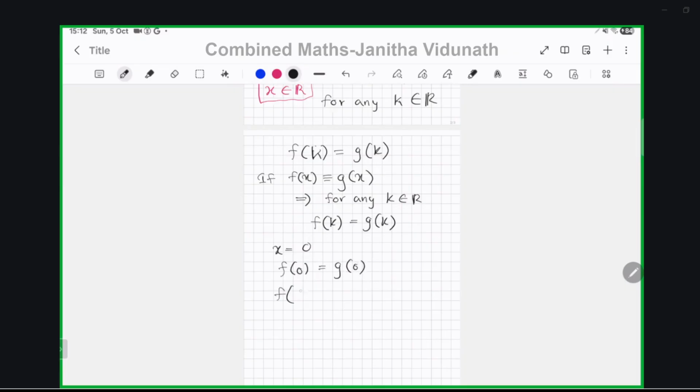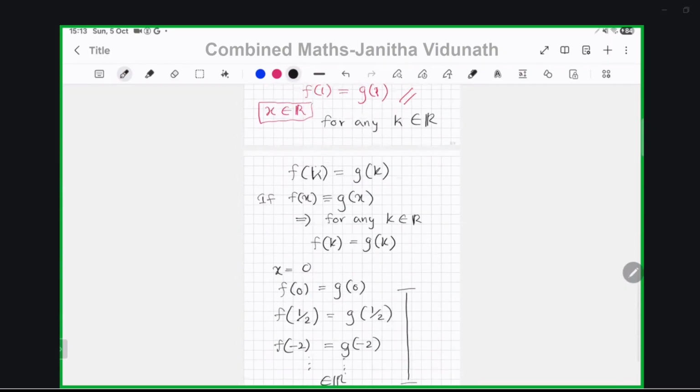Likewise, f(1/2) should be equal to g(1/2). Likewise, f(-2) needs to be equal to g(-2). Likewise, we can take any real number. From that theory, we are going to solve the last question that we discussed in the previous day.